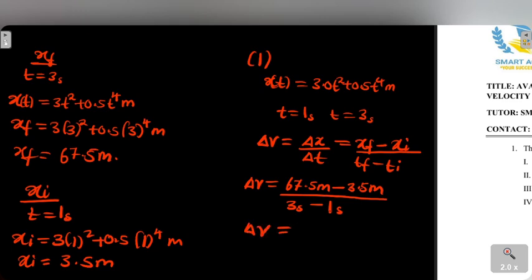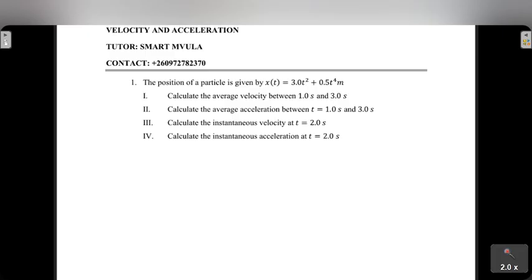On top we have 67.5 minus 3.5, which gives us 64 meters, over 3 seconds minus 1 second, which gives us 2 seconds. Dividing 64 by 2 gives us 32 meters per second. So that becomes our average velocity.